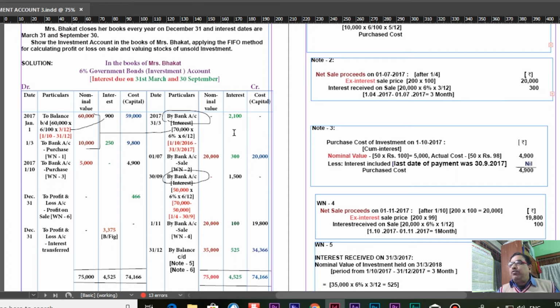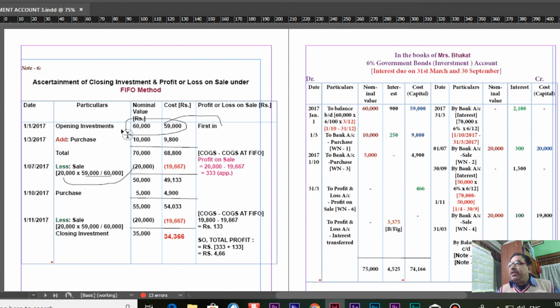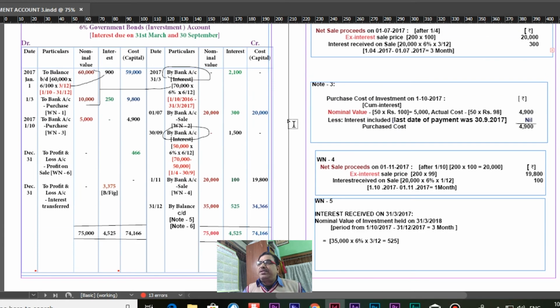Therefore, we have to see another workings, that is working number 6. Now the last balance, how much balance will be there?